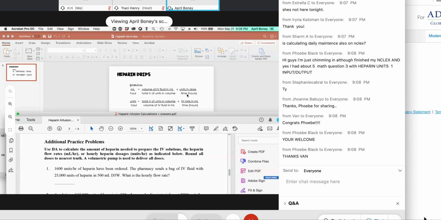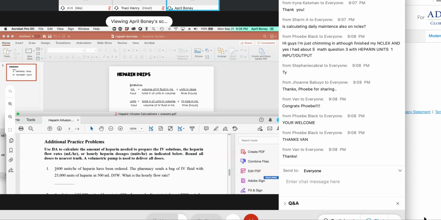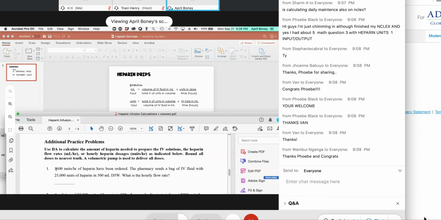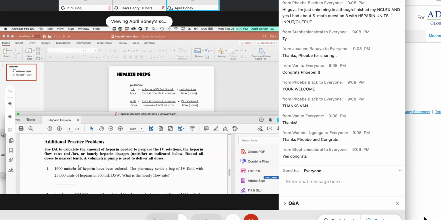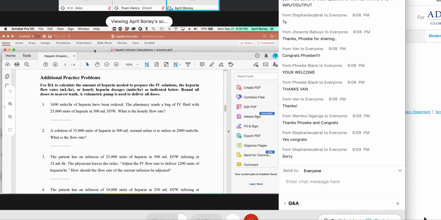And then we're going to multiply that times the units in the dose, which is our order. So 1,600 units divided by time in hours, and in this case it was 1,600 units per 1 hour. And then that will give you milliliters per hour. So those are what your calculations can look like.